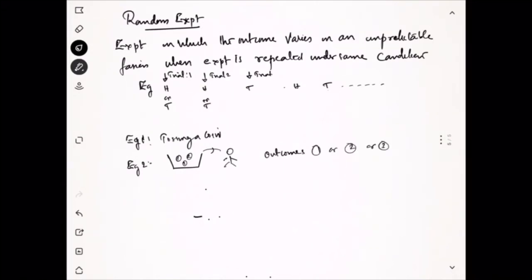Then another experiment you can say is that you are tossing a coin 3 times, and you are observing what is the outcome. So flipping a coin 3 times, for example, maybe 4 times also. Now we consider 3 times.